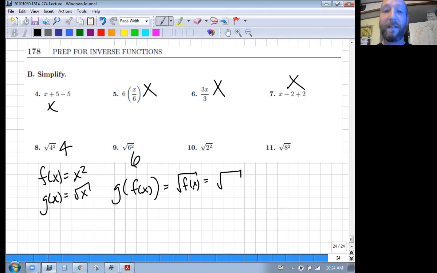And f of x says take your input and square it. On each of these, you're just getting your number back. Remember the square root means to the 1/2 power, and when you raise an exponent to an exponent, you multiply.